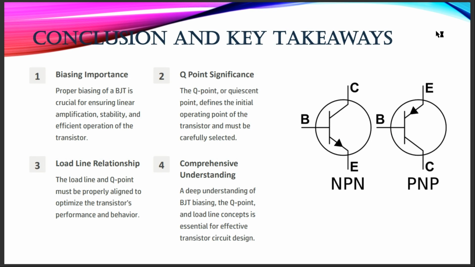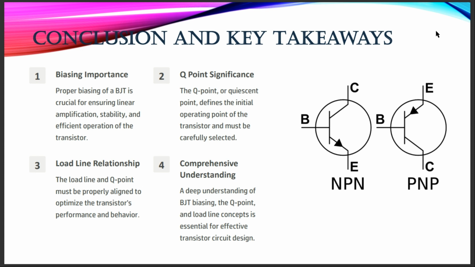Conclusion and key takeaways. Biasing importance: proper biasing of a BJT is crucial for ensuring linear amplification, stability, and efficient operation of the transistor. Q point significance: the Q point defines the initial operating point of the transistor and must be carefully selected.